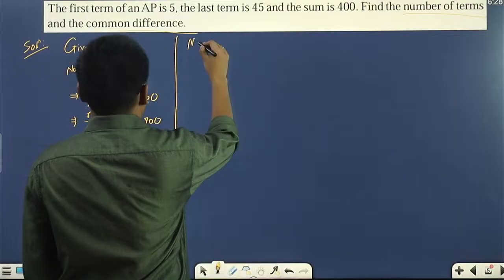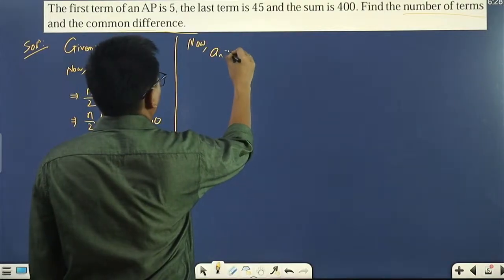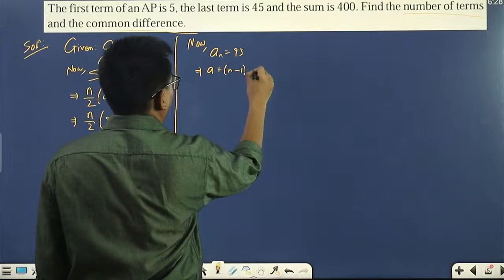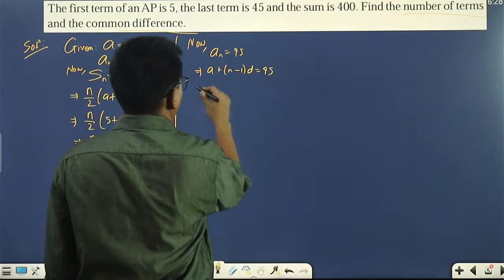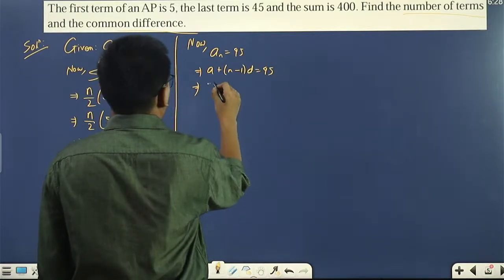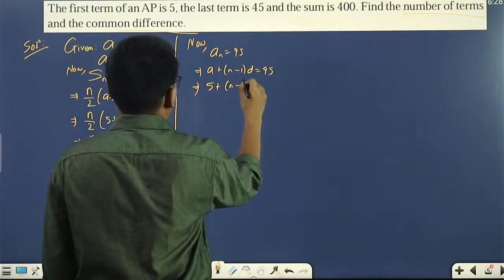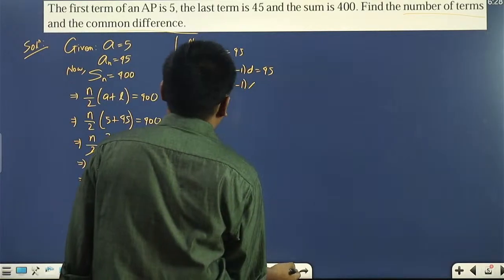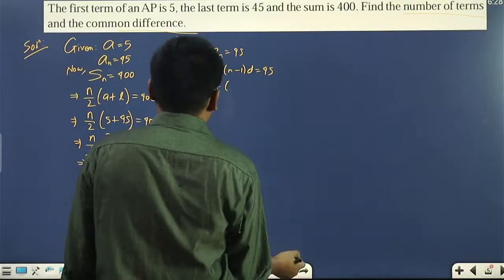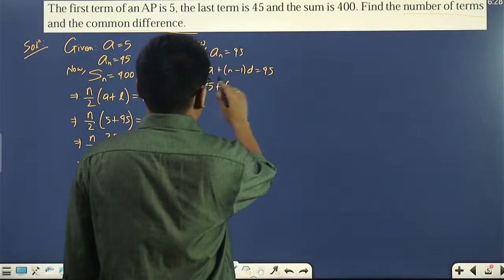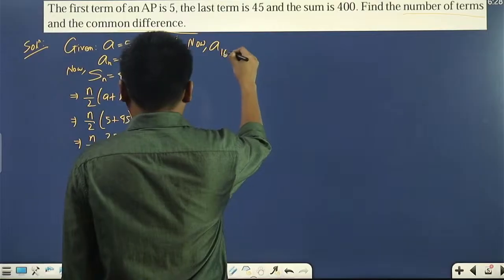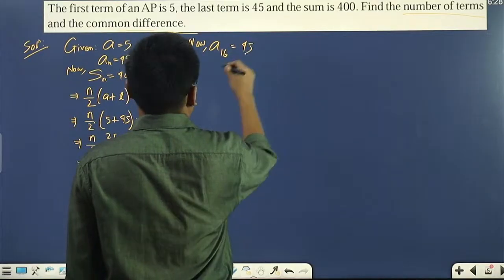Now using an equal to 45 again, a plus (n minus 1)d equal to 45. How much is a? a is 5. We already know the value of n, right? a16 equal to 45.